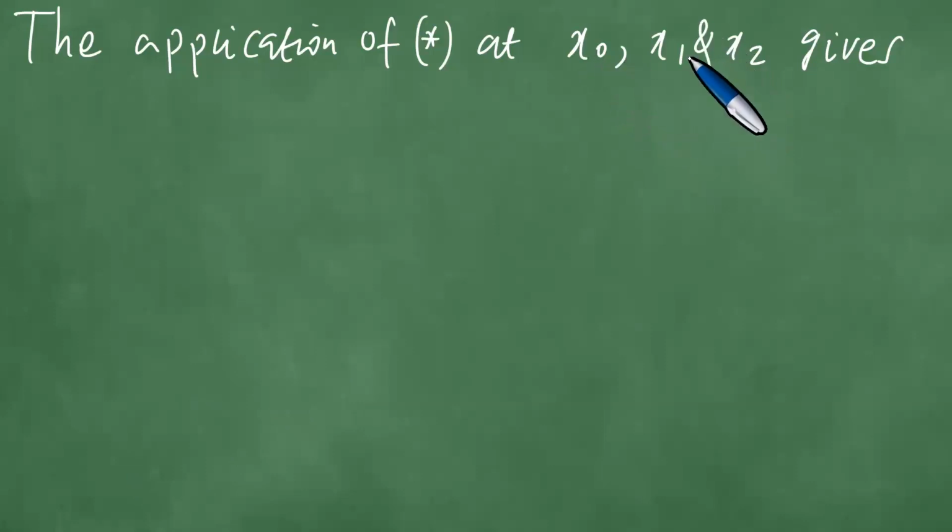X0 is 0, x1 is 1, x2 is 2. The domain is between 0 and 2, so these will be the only ones because we're guided by the step size, which is 1 in this past exam. So gives the set of equations.